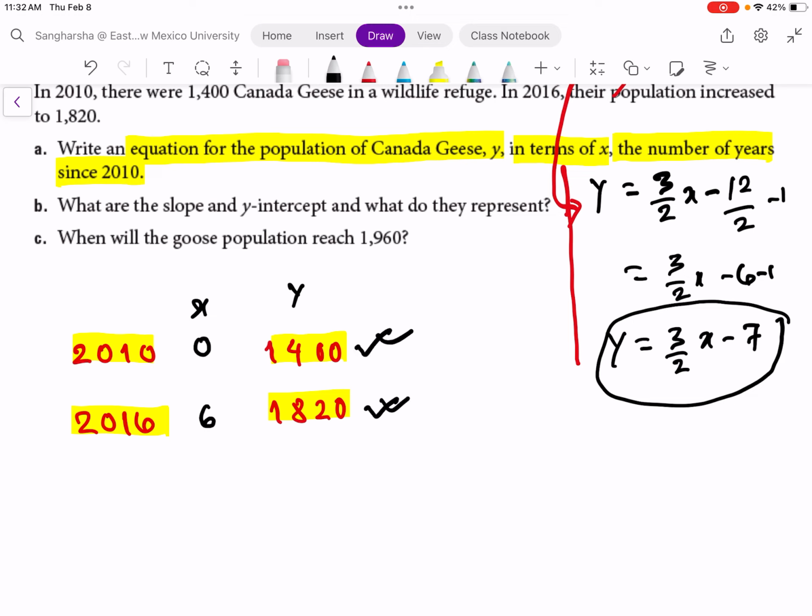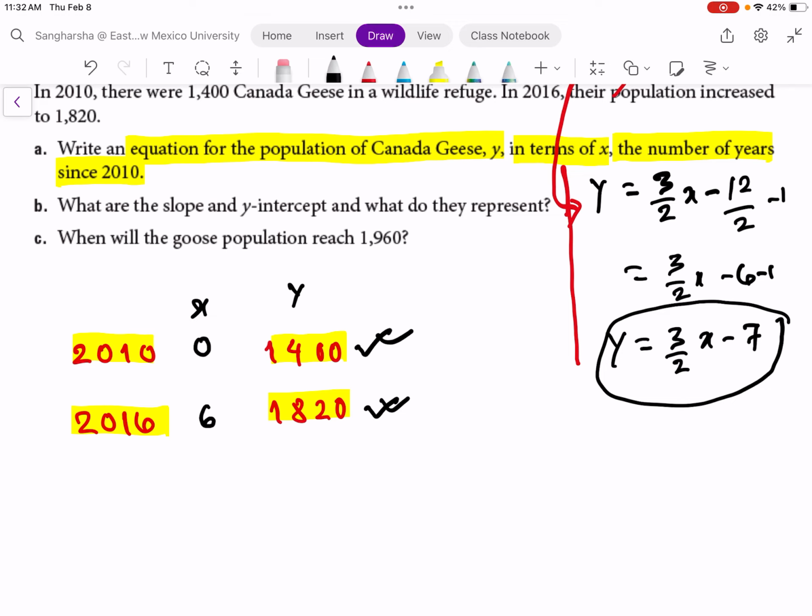And we are asked to write down the equation of the population. These are the two points given to us, and we are asked to write the linear equation. How do we write the equation of a line?